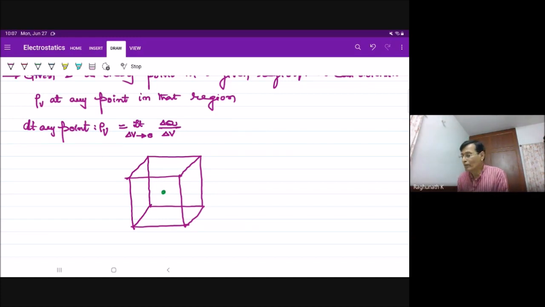Listen carefully. The differential volume is what? Each of these sides is delta x. Each of these horizontal lines is delta y, correct? And all the vertical lines are delta z, consistent with the Cartesian coordinate system.